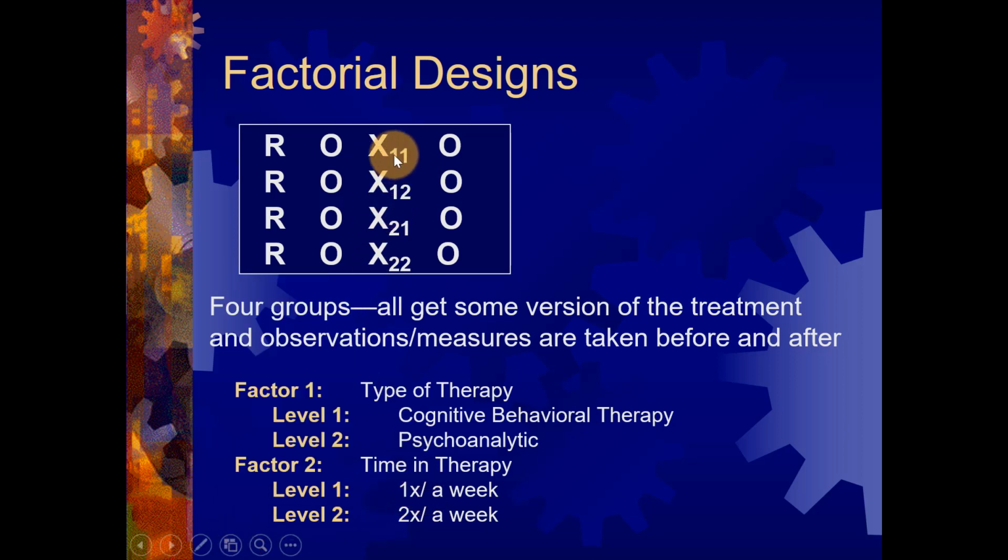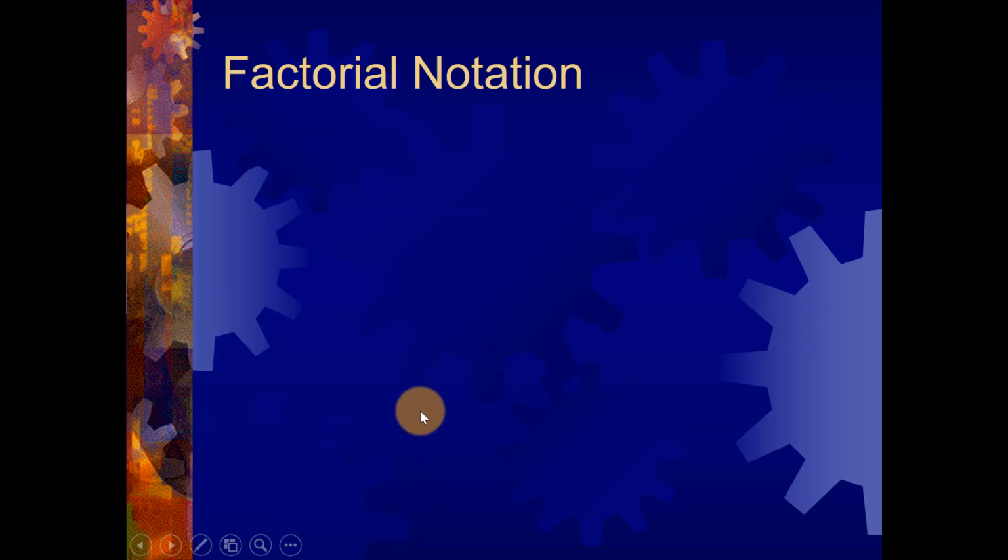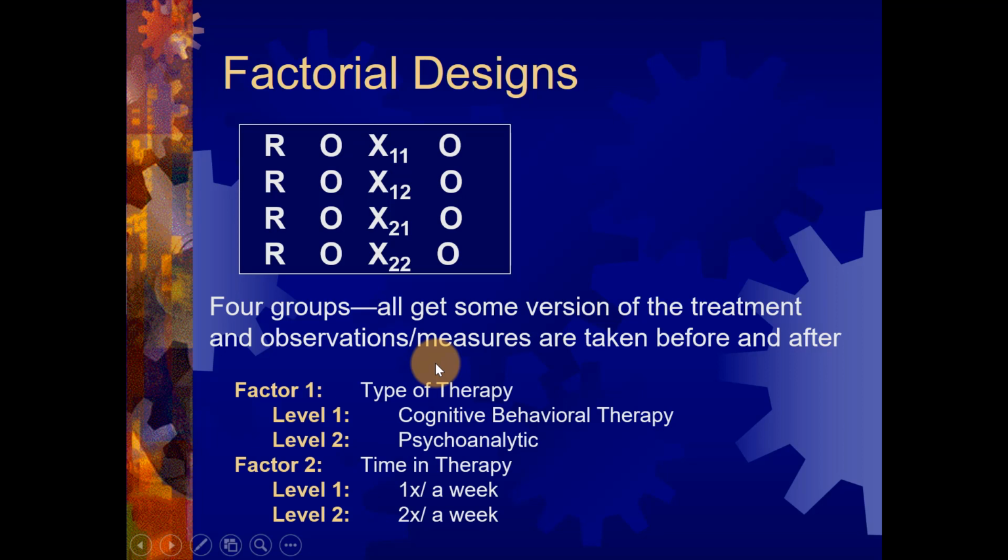Let me do that again. 1, 1 means cognitive behavioral therapy once a week. Group 2 is receiving cognitive behavioral therapy twice a week. Group 3 is receiving, now we're on 2, so it's psychotherapy once a week, because this is still level 1. This is psychoanalytical therapy twice a week.